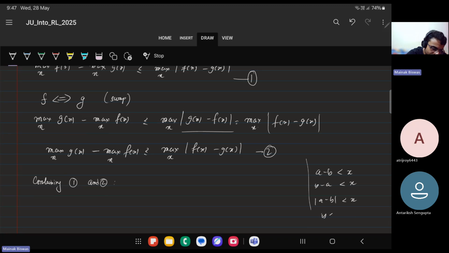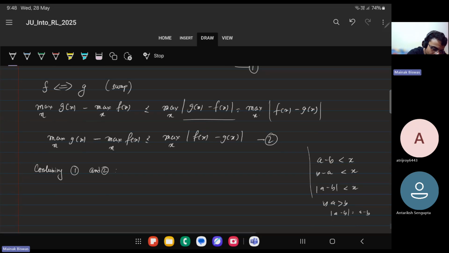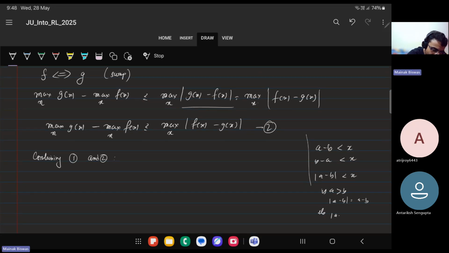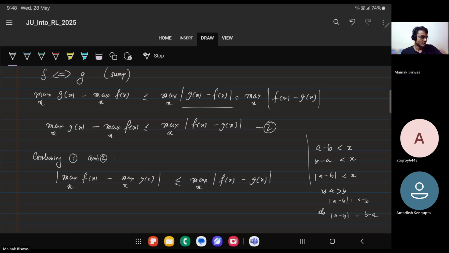Because if a is greater than b, mod of a minus b is a minus b, else mod of a minus b is b minus a. Correct. And you're saying both of them are less than that. So therefore I combine 1 and 2 and get that the absolute value of max over x of f(x) minus max over x of g(x) is less than max over x of the absolute value of f(x) minus g(x). You can take an example of 2 vectors and try and do this and see.